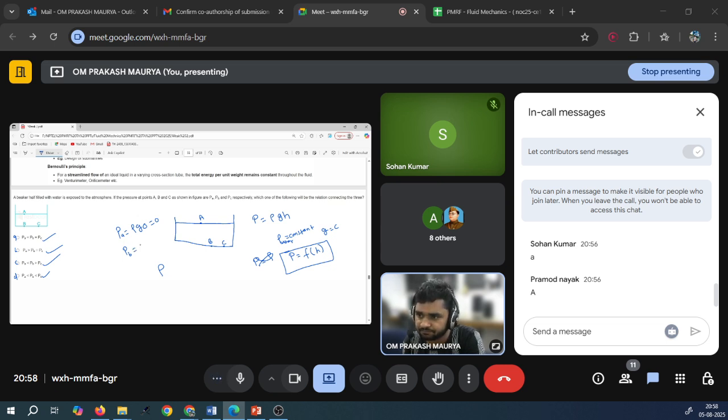PB is rho g H, if suppose this height is capital H. Similarly for C, rho g H, since the level of B and C is the same. So PB is equal to PC, and both are greater than PA.